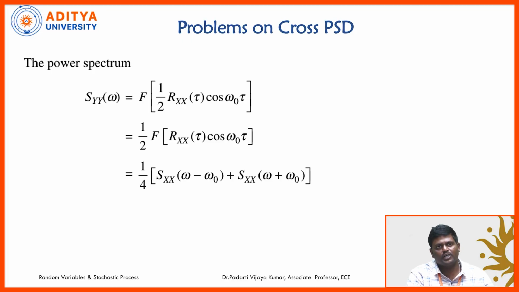Now the power spectrum we can compute simply by applying the Fourier transform. So applying Fourier transform, Rxx of tau cos omega naught tau can be written as Sxx of omega minus omega naught plus Sxx of omega plus omega naught. So given Sx, substitute here, and we will get the power spectrum of y of t.